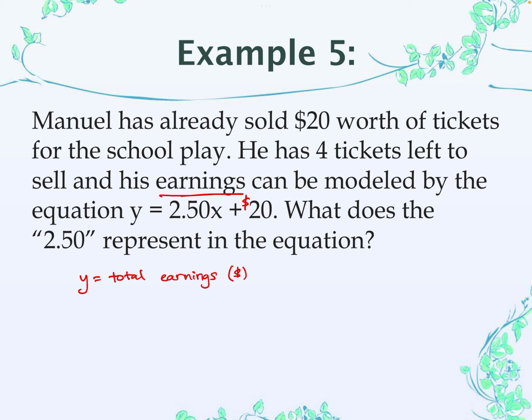So what is the 2.50? Well, is that the number of tickets? It's not the number of tickets because 4 tickets is the number of tickets. So he has 4 left to sell. So 2.50 is how much he's going to charge for those tickets. So this is actually a dollar amount as well.